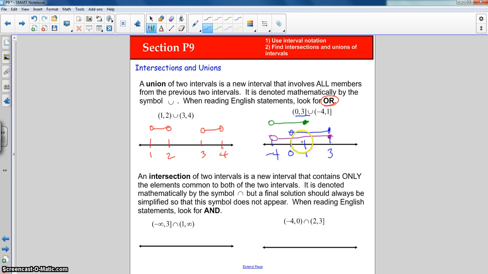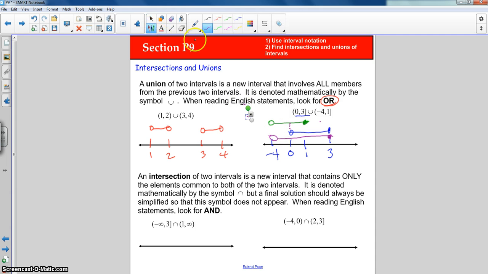But the question is, I have an open circle here. That means that value is not present on this blue interval. Well, that's actually okay, because if I go directly up to this other interval, there's a line there, and a line means that the value is included.